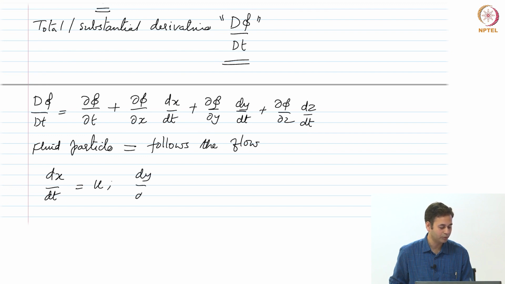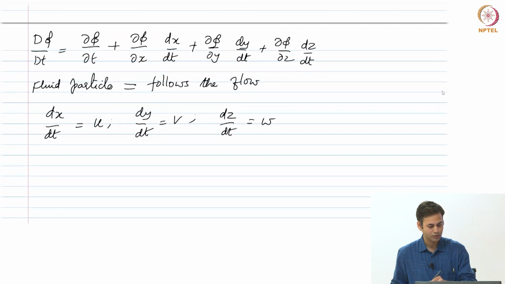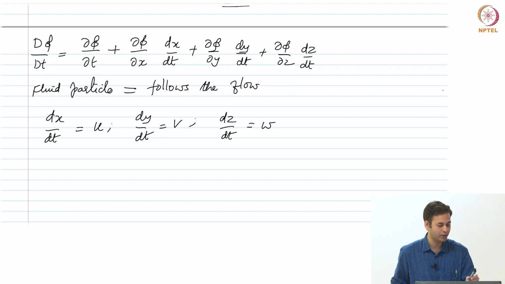Similarly dy/dt would be v, and dz/dt would be w. The time derivatives of these spatial coordinates of the fluid particle's position are nothing but the instantaneous velocity vector. So we are going to substitute these three quantities back into the substantial derivative definition.